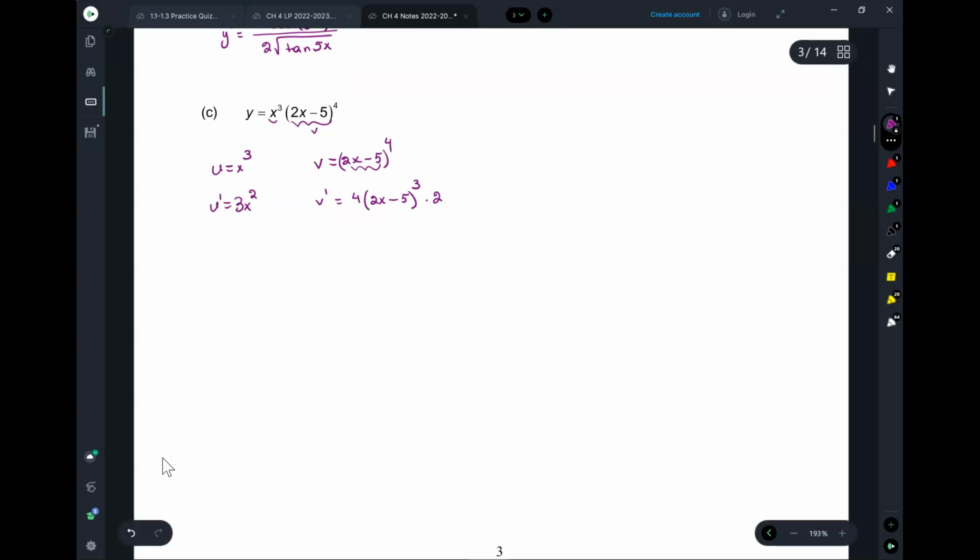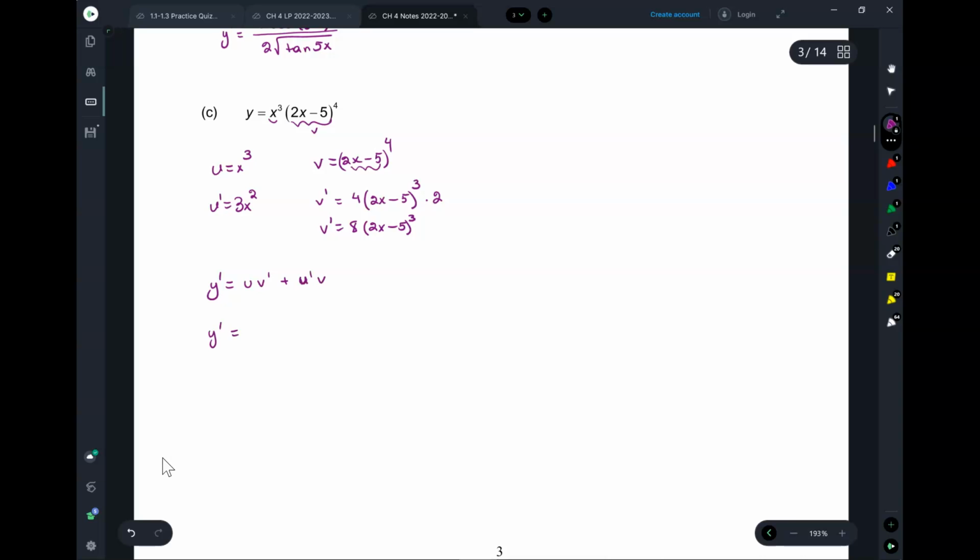Okay. Clean that up a little bit. Combine the 4 and the 2. That's 8, 2x minus 5 cubed. So now, y prime, remember that was u v prime plus u prime v. Okay, so let's do that.